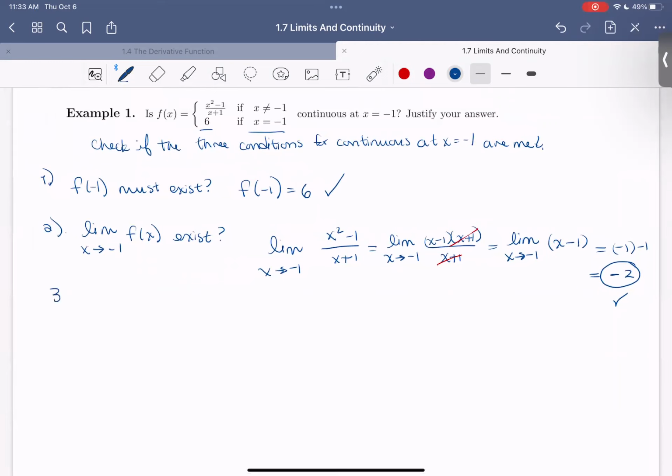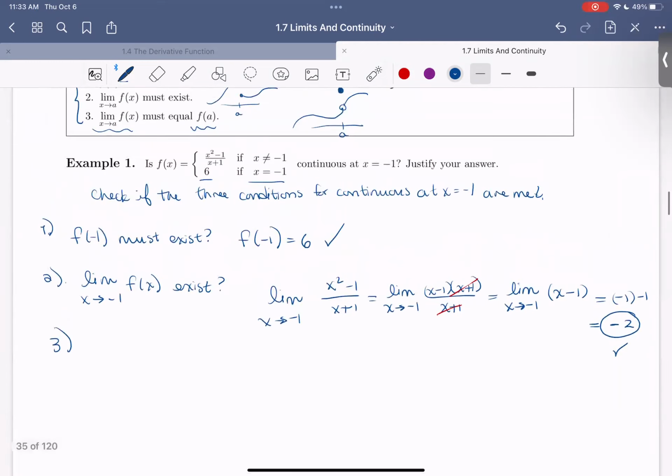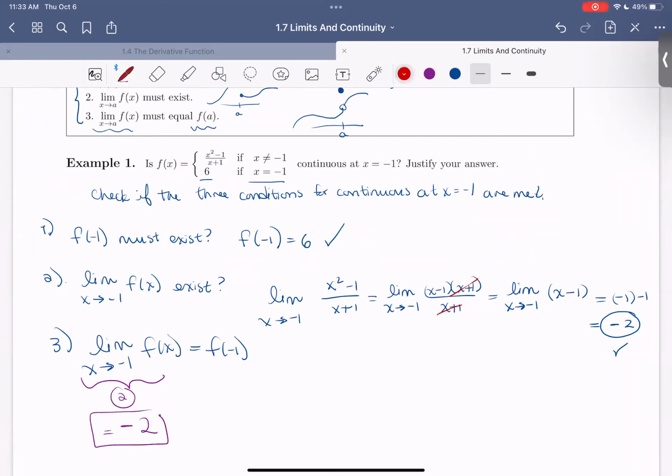Now let's check the third condition. That means we need to check if the limit as x goes to -1 of f of x equals f of -1. Well, from part 2, we saw that this limit is equal to -2. But we saw from part 1 that f of -1 is equal to 6.